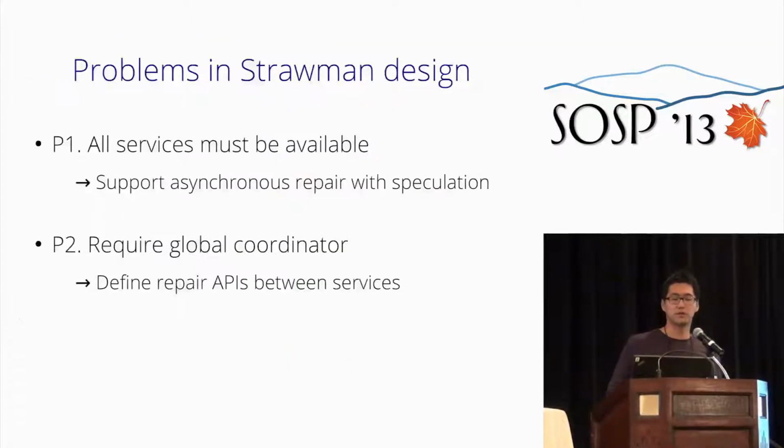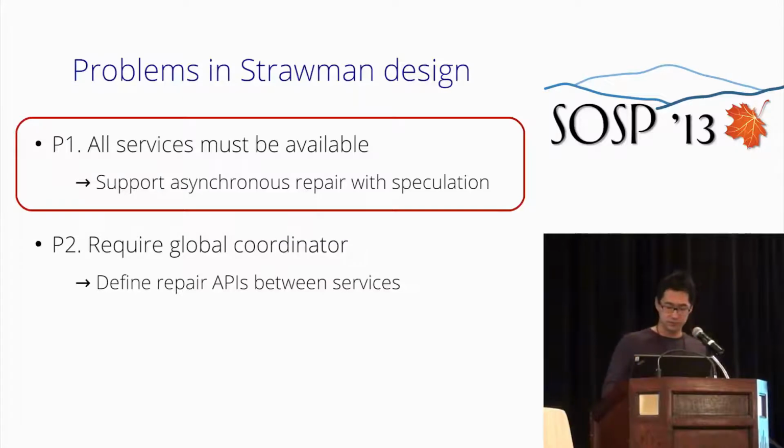However, there are 2 interesting problems in the strawman design. First of all, because we carefully re-execute every request in our attack picture, all services must be available. And also, rollback and replay of entire websites require a global coordinator that understands the entire picture of an attack. Let me talk about this problem first.